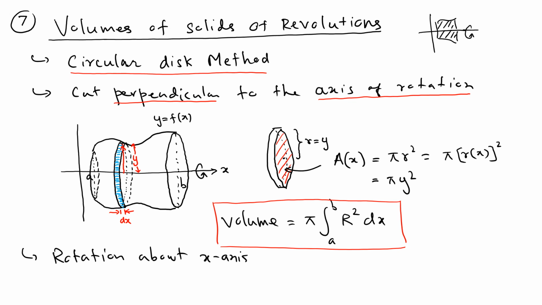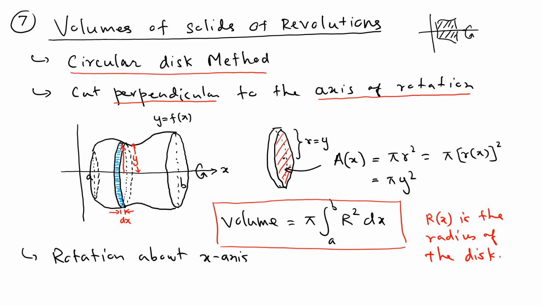So the formula is pi, integral from a to b, r squared dx, where r is the radius of the disk. R, which is a function of x, is the radius of the disk. Okay, so let's do a couple of examples to understand how it works.